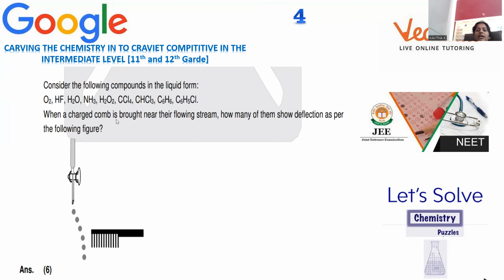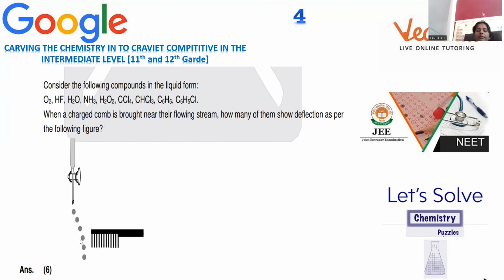When a charged comb is brought near the following stream, how many of them show deflection as per the following figure? If you are taking a burette, different burettes are filled with the different liquids mentioned over here. Open the knob so that drop by drop you can notice the liquid coming out.